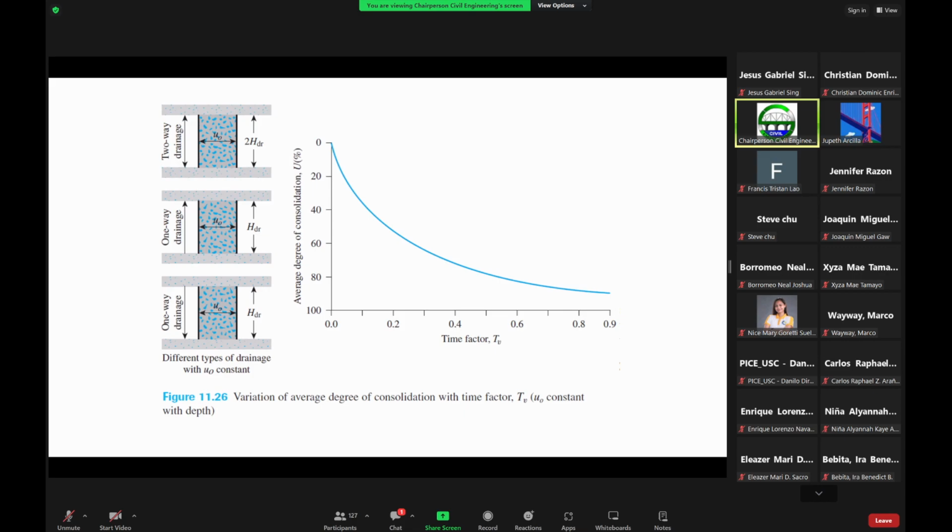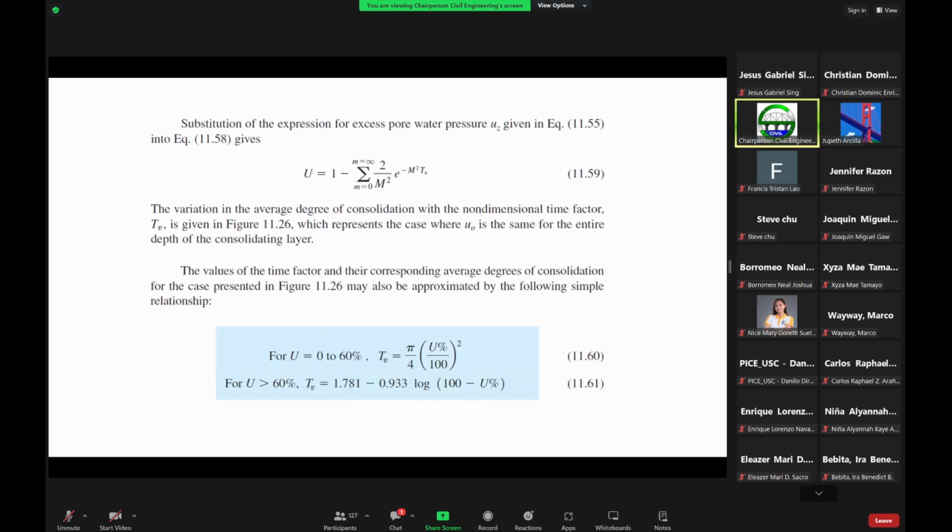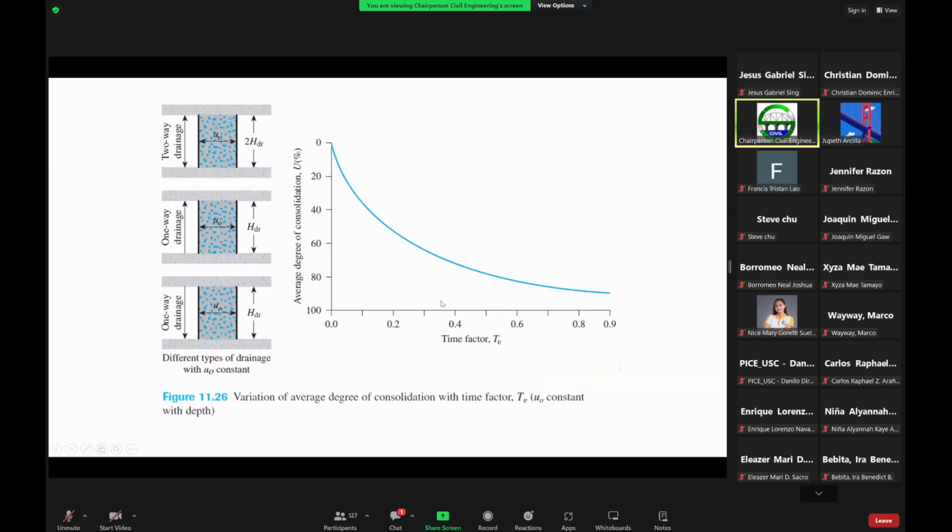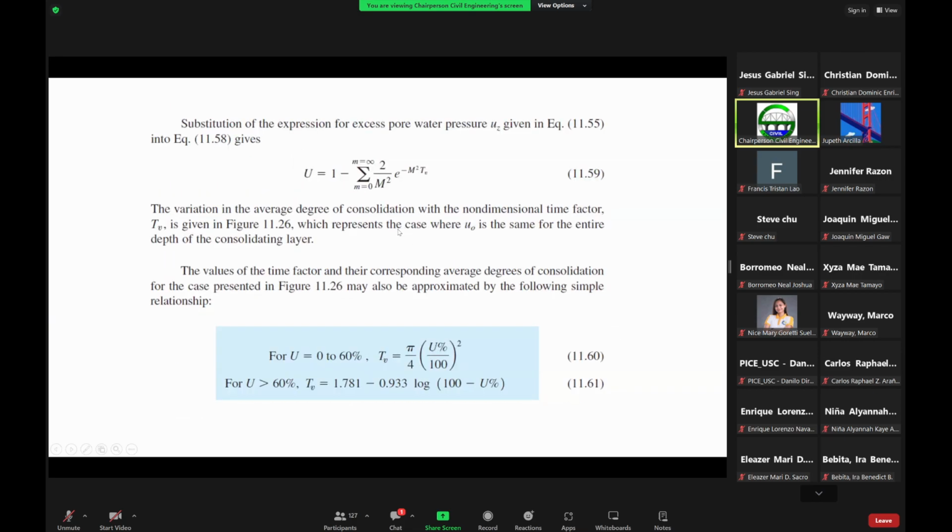That figure, 11.26 in your book, represents the case where the initial excess pore water pressure is the same for the entire depth of the consolidating layer.